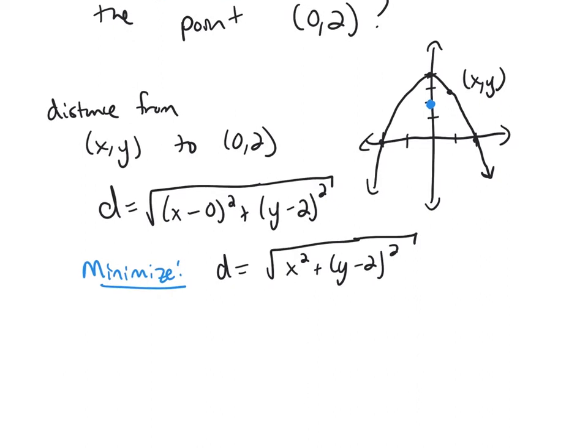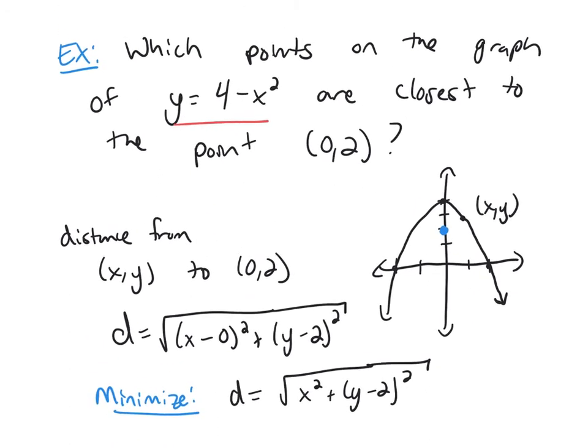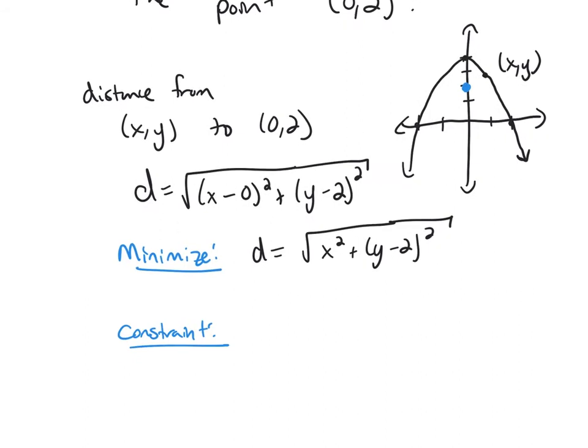But what's our constraint here? Our constraint is that x and y is not an arbitrary point, it's a point on this parabola. So in particular, y has to be 4 minus x squared. So I can use my constraint and plug it into the function I'm trying to minimize, and then I will have a single variable.